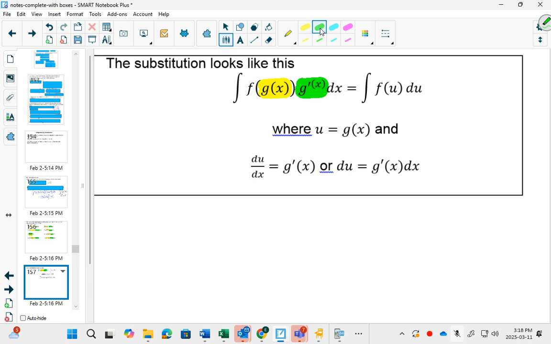If this happens, we change that inside function to u. And if we change the inside function to u, we can take the derivative of the inside function.